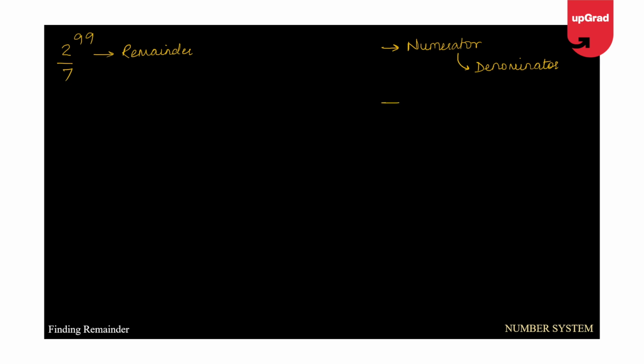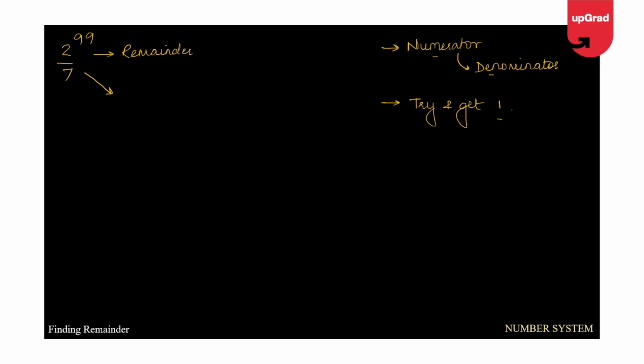And the second thing is we'll try and get digit 1. I repeat, there are two steps that we have to achieve. One is numerator in the form of denominator, and we'll try to achieve 1 from somewhere. So let's see what we can do over here.